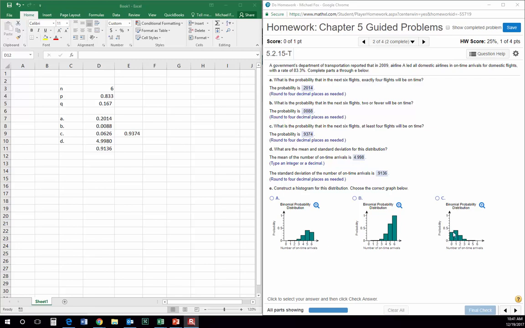So this one's wrong because here the probability drops from 0, 1 to 2 to 3, and we already saw that the probability actually climbs. Since 83% of them have been on time, it's likely, and that we have a mean of around 4.98 or 5, that our high point is going to be around 5.